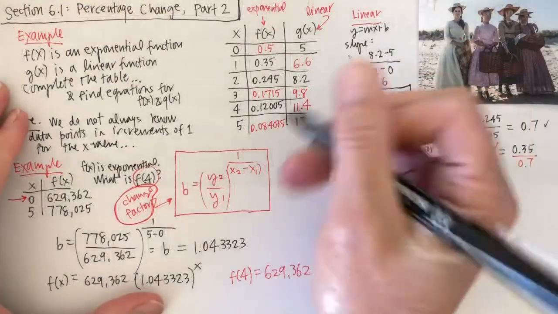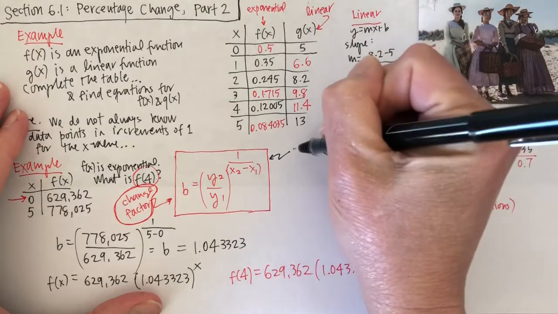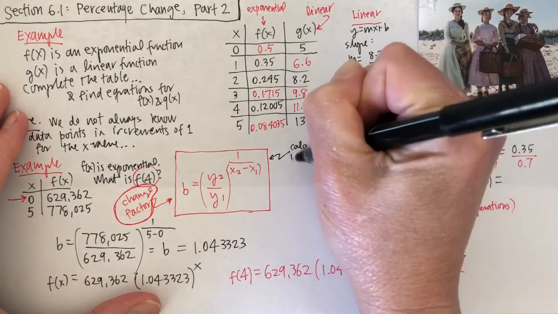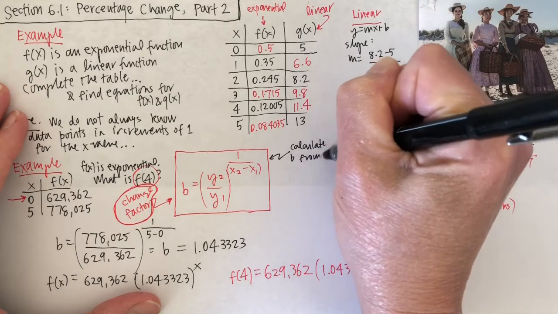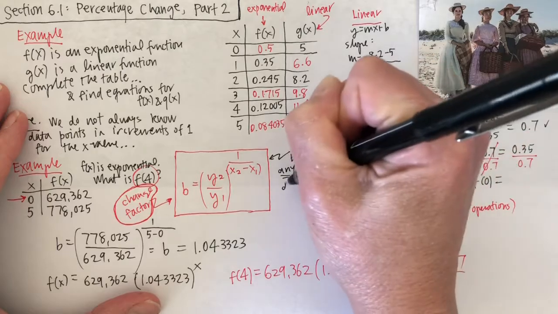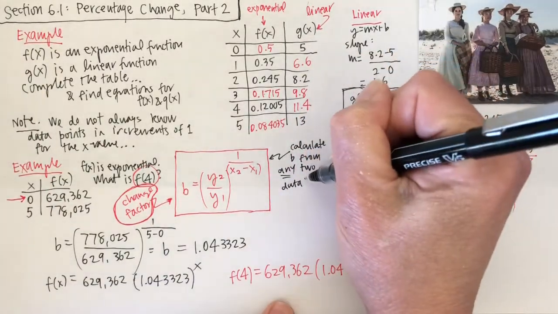I just want to highlight the fact that with this formula for the change factor, we can calculate that change factor from any two data points. They don't have to be successive.